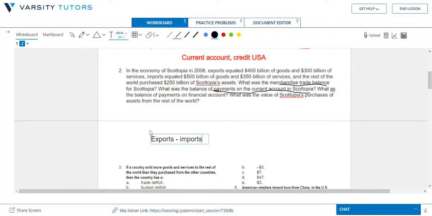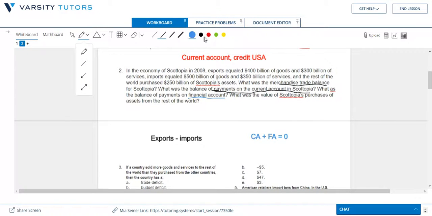Then when they ask us, what is the balance of payments on the financial account? In that context, we're referring to the equation that says the current account plus the financial account has to equal 0. That's how I knew it was just the inverse of whatever I got on the first answer.